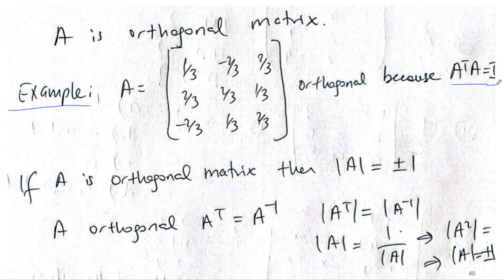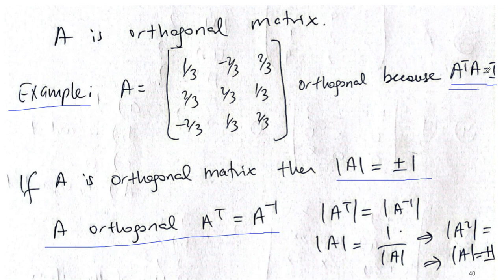Now, if A is an orthogonal matrix, then the determinant of A must be either plus or minus 1. And how can we verify this? Because we know that A transpose equals A inverse. If A is orthogonal, we have this condition satisfied here.